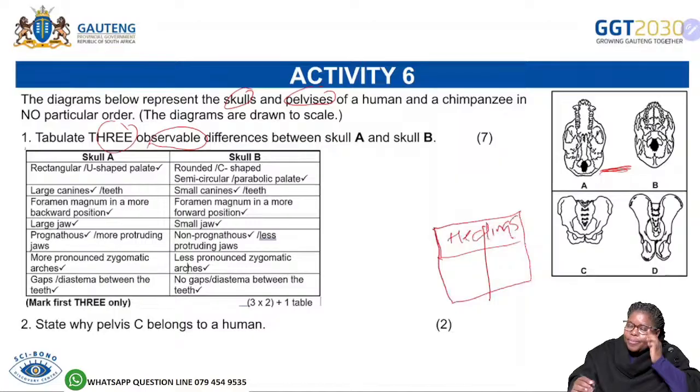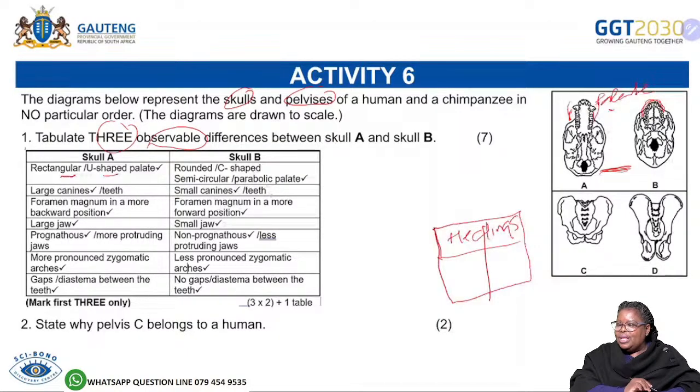So skull A, rectangular in shape or U-shape palate. Here is a rectangular shape. What about skull B? It's rounded, it's like a C, shaped or semicircular or parabolic palate.